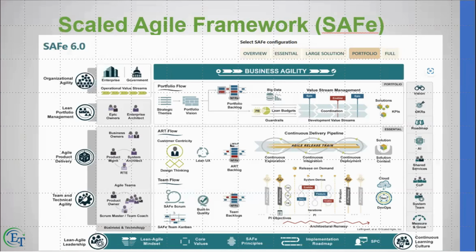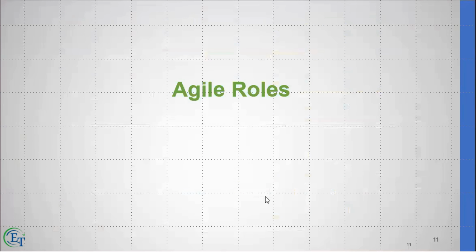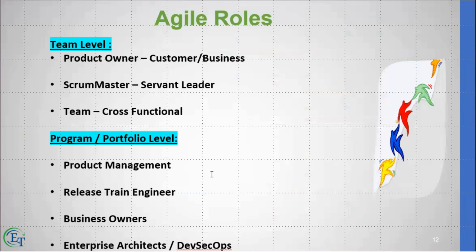So let's talk a little bit about the agile roles. At the team level, we have the product owner, which represents the customer or business on a team. We have the Scrum Master, who is the master of the processes, and is a servant leader on the team.